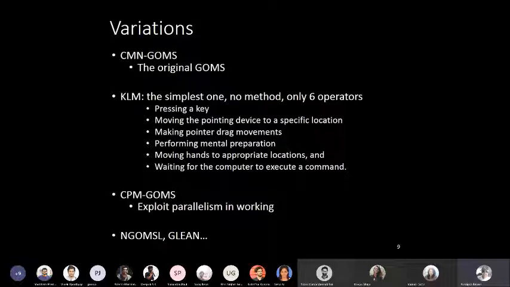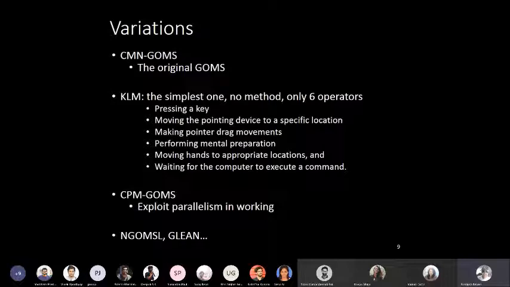And even now, if you think about a smartphone and tapping on it, you can still take a similar approach and predict task completion time, and based on that compare different user interfaces.